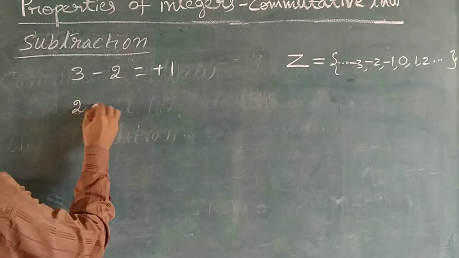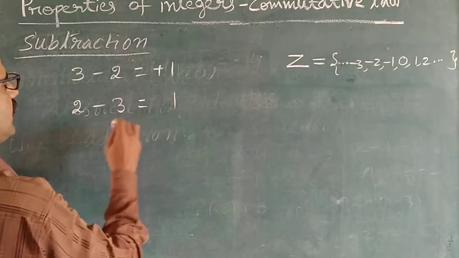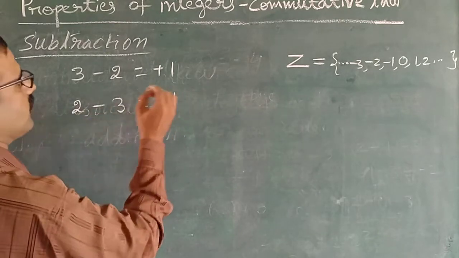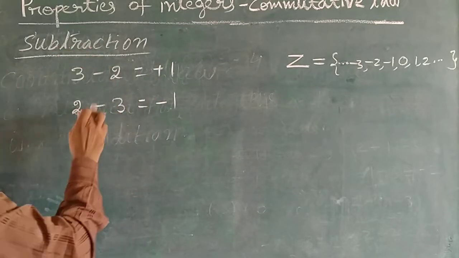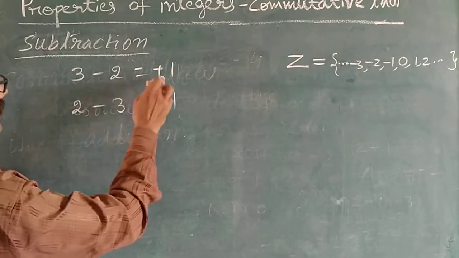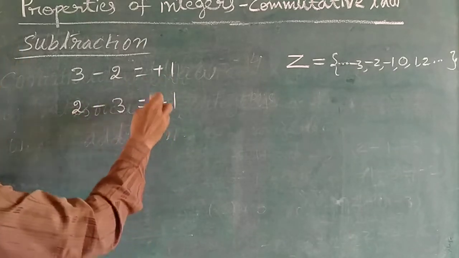Again take 2 minus 3. 2 minus 3 means 3 minus 2, 1, but the bigger number has a minus sign, so minus 1. Here the bigger number has a plus sign, so plus. Here the bigger number has a minus sign, minus. But you have to subtract: 3 minus 2 is 1 only. But here minus 1, here plus 1.